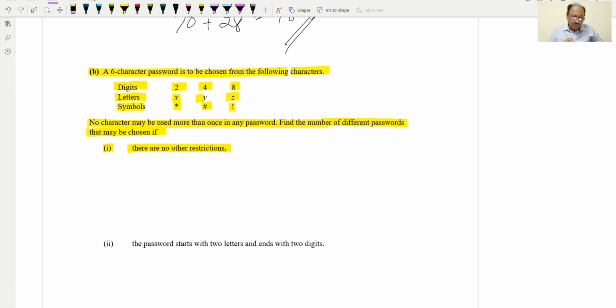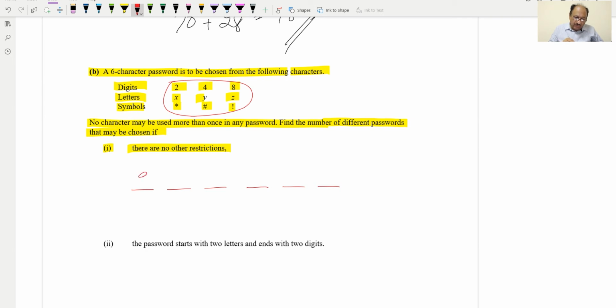We have to choose 6 characters, so 6 options. There are a total of 9 characters which we can choose.